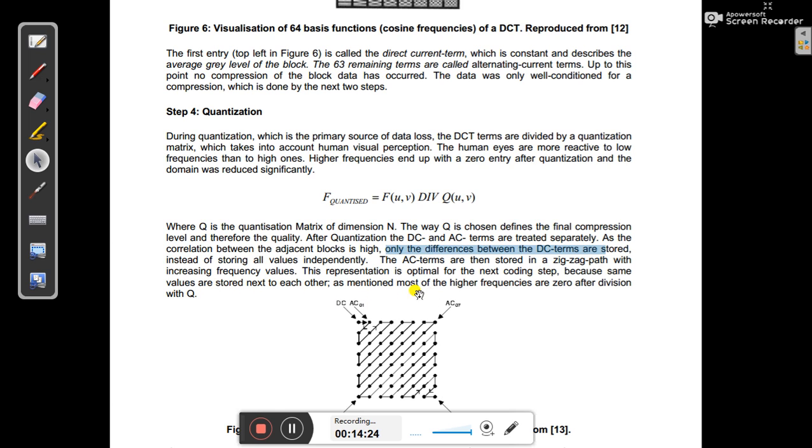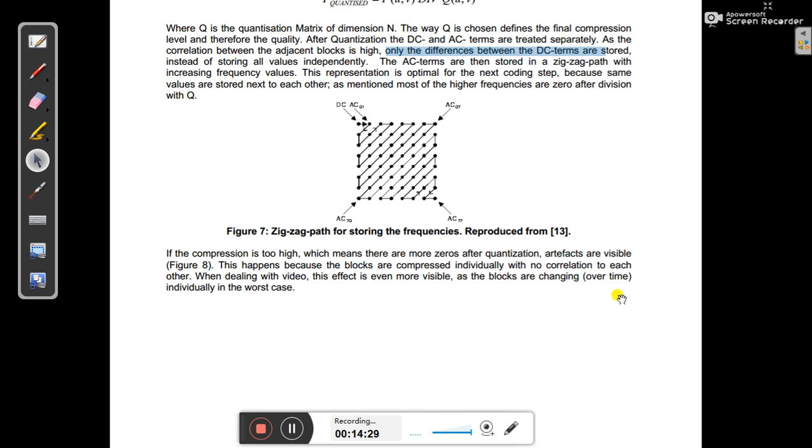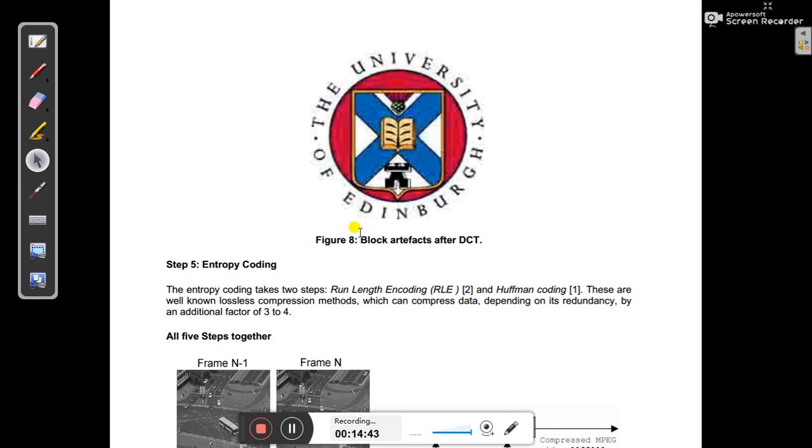As mentioned, most of the higher frequencies are zero after division with Q. Like JPEG, it also uses the same type of structure, a zigzag path for storing the frequencies, from higher to lower or lower to higher. So in that way we quantize the whole frame in the frequency domain.